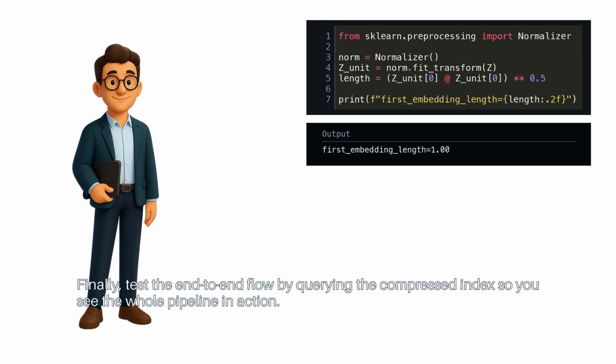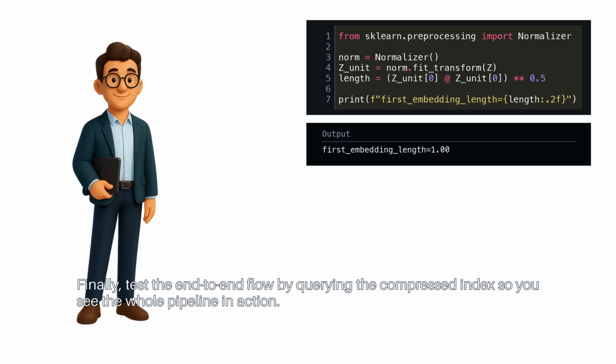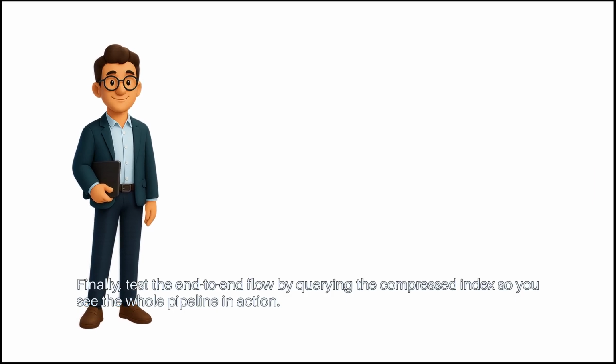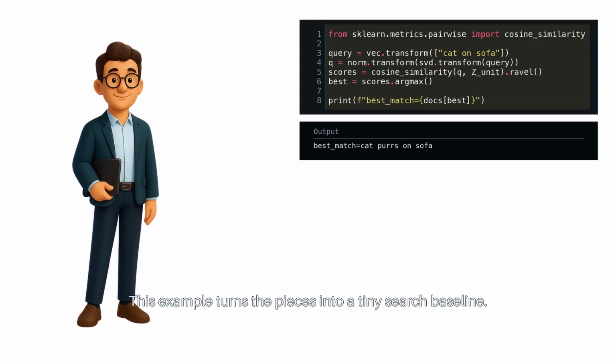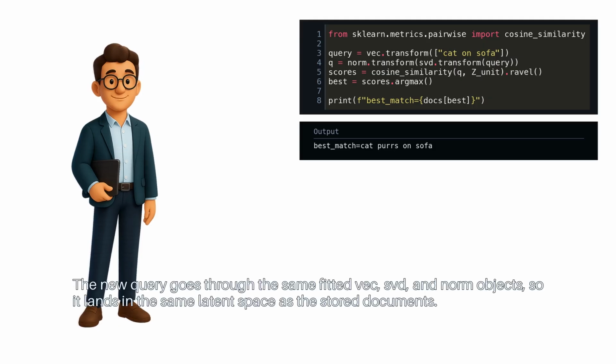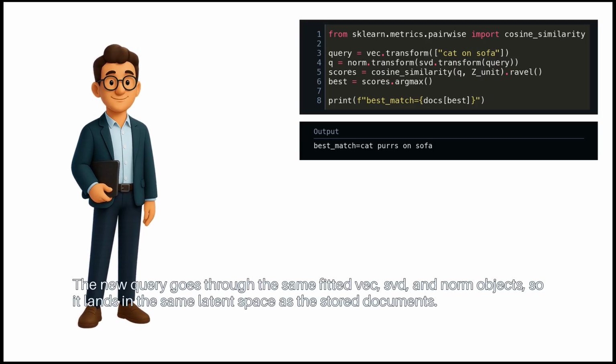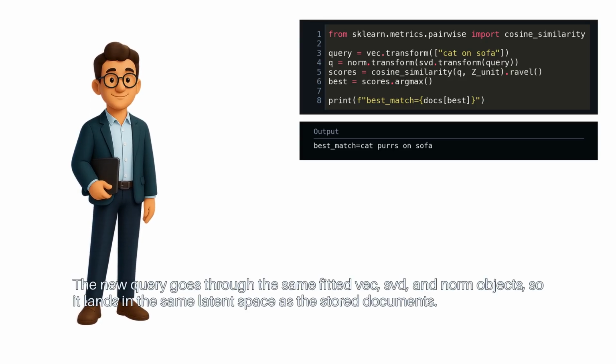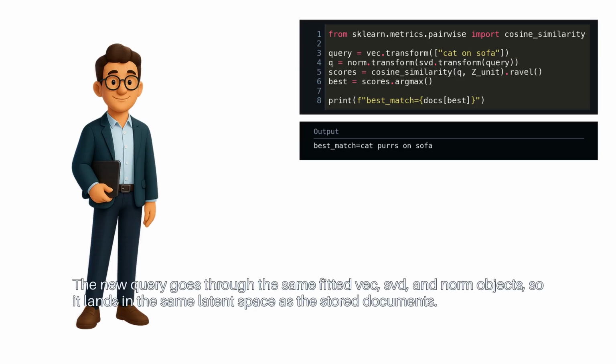Finally, test the end-to-end flow by querying the compressed index, so you see the whole pipeline in action. This example turns the pieces into a tiny search baseline. The new query goes through the same TfidfVectorizer, SVD, and Normalizer objects, so it lands in the same latent space as the stored documents.